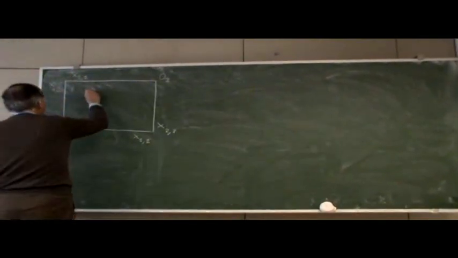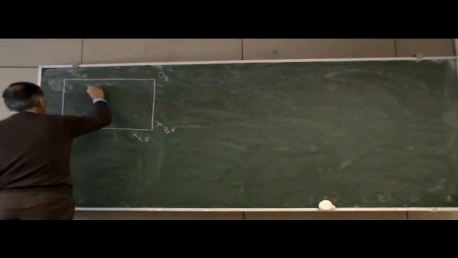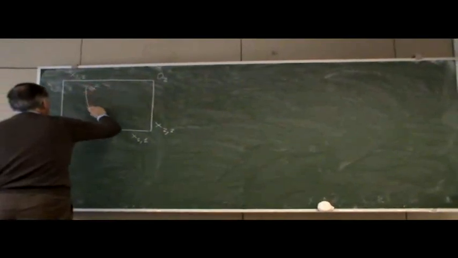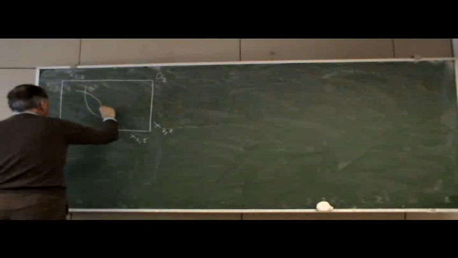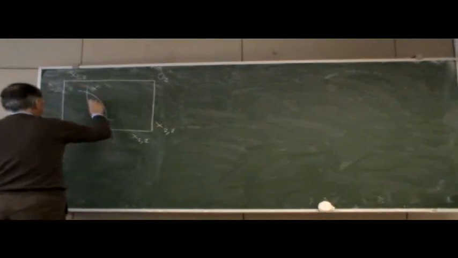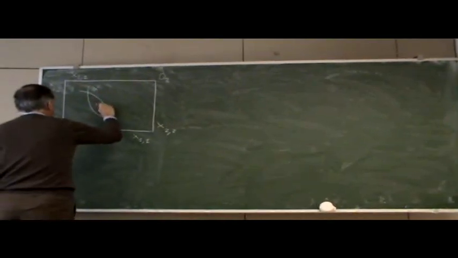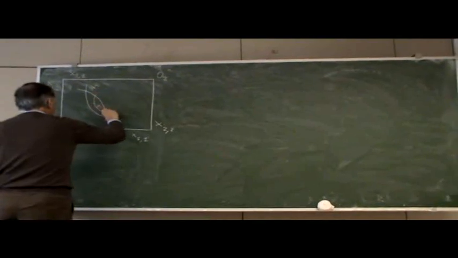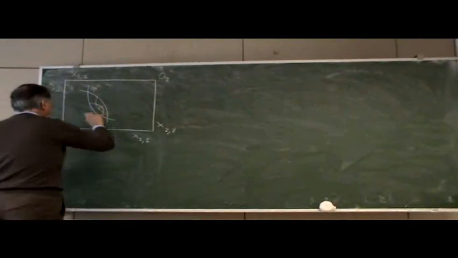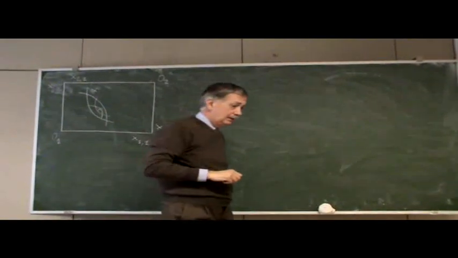As before, we can consider an allocation like this x, which is inefficient, because it is possible by passing to x prime to increase both levels of production.